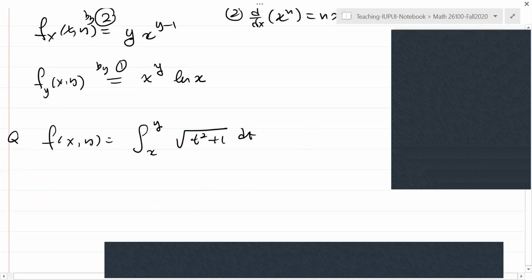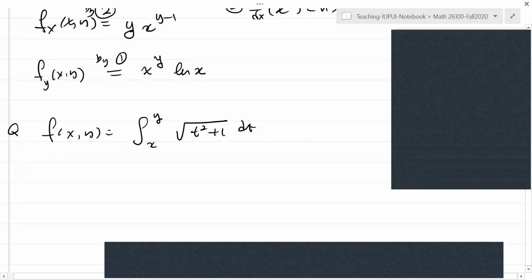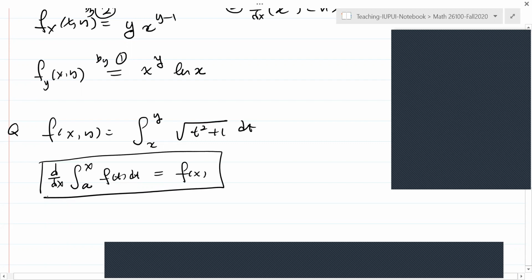We want to find the partial derivative with respect to x and with respect to y. So we have to recall the formula. The formula says that if you have an integral from a constant to x of f of t dt, this is going to be f of x.